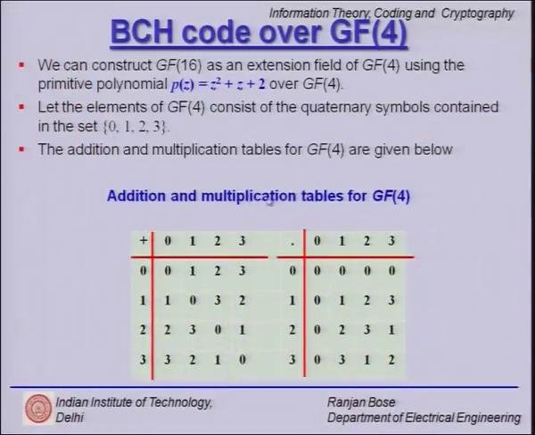Just to recollect, we will do our arithmetic over this GF4, with the addition table and multiplication table given right here. Please note, GF4 does not follow modulo 4 arithmetic, because 4 is not a prime.